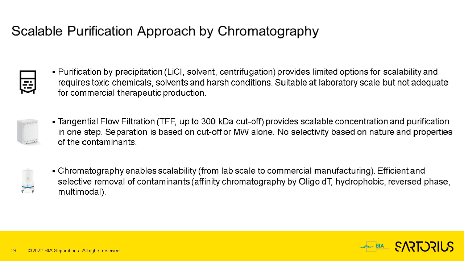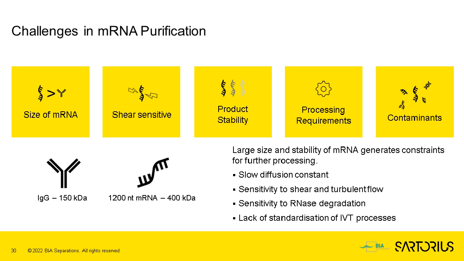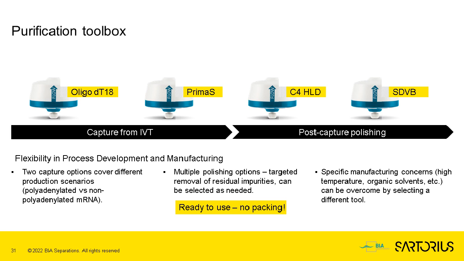Sometimes you also see tangential flow filtration, and chromatography being one of the most scalable and selective purification tools that addresses, as already alluded to, multiple of these challenges presented by mRNA, namely size, shear sensitivity, stability, and ease of operation, really. And we provide a number of solutions, of which I already addressed: oligo-DT and Prima S and SDVB, and C4 only in the context of plasmid purification.